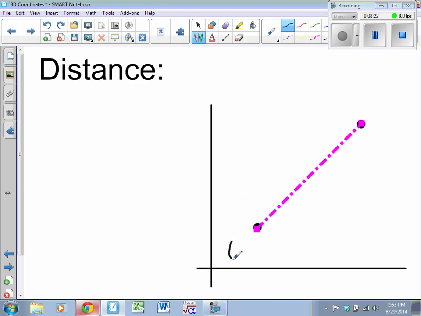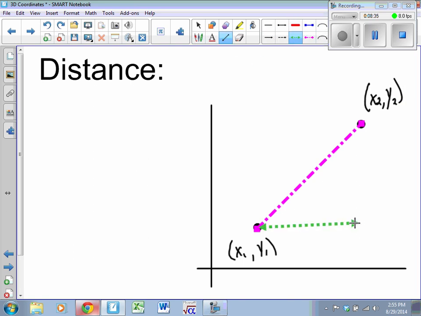If this is a point here, x1, y1, and this is a point up here, x2, y2, I can find my distance by creating this right triangle. Now I can use the Pythagorean theorem. We have to remember that: a squared plus b squared is c squared. I know the length of this side is x2 minus x1, because this is just in 1 dimension.